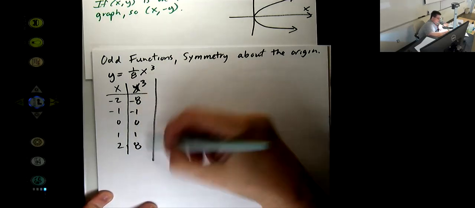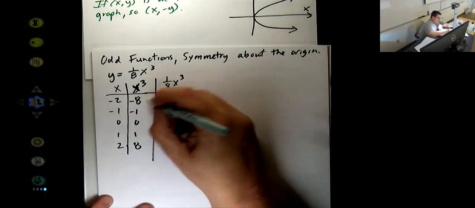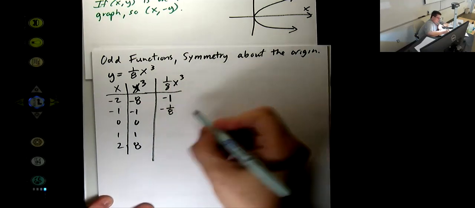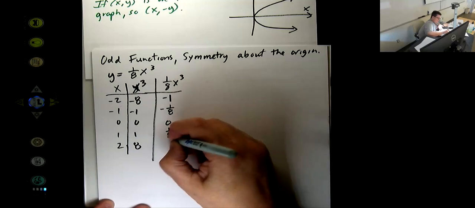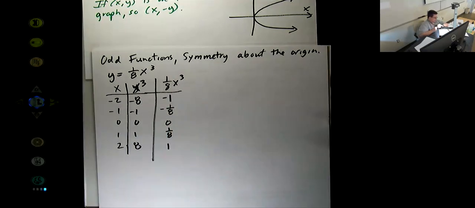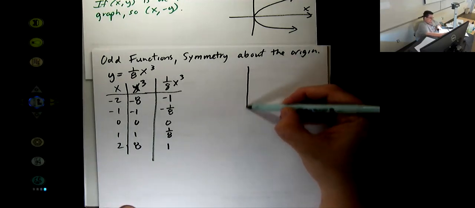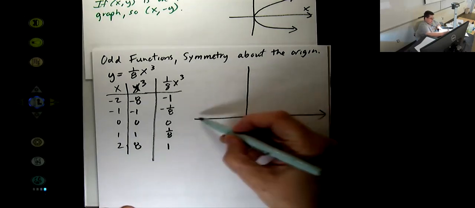So if we do 1/8 x cubed, we multiply that by 1/8, we get -1, -1/8, 0, 1/8, and 1. I'm hoping this is easier to draw. The symmetry.